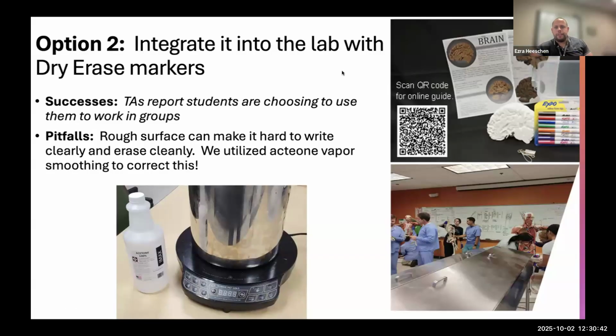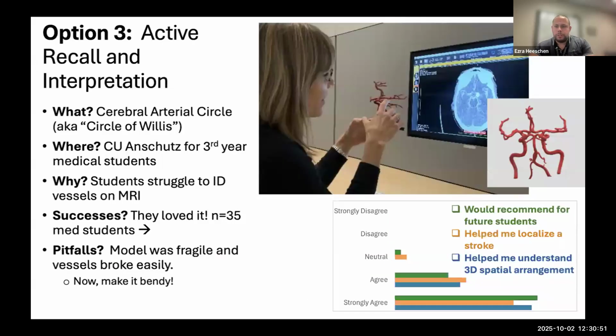Thank you, Zach. Yeah, so I think Zach mentioned briefly the different models that we sent out this last year. We focused mainly on heart and brain models, hemisected brain models.